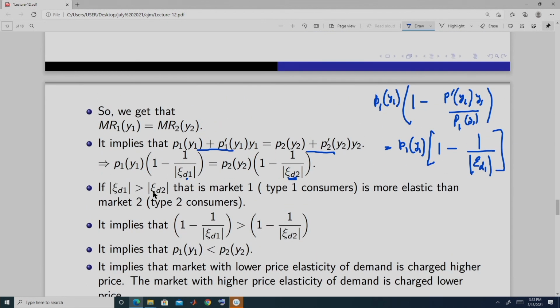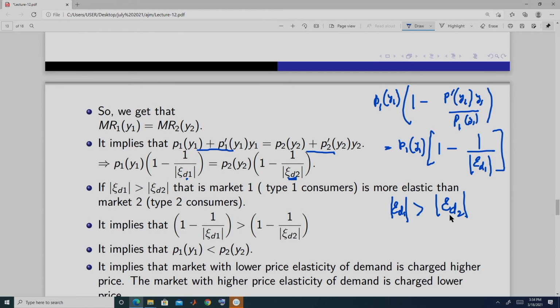We get that if we get this, then we can show that this. Why? Because this is the case. If we take the negative, then this is the demand price elasticity in market 1 and the price elasticity of market 2.